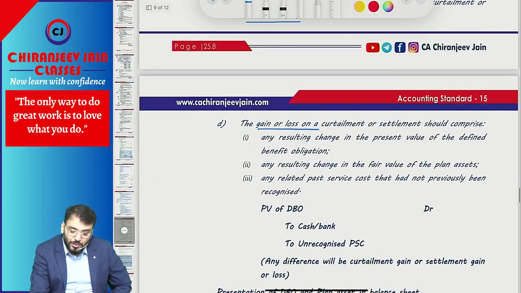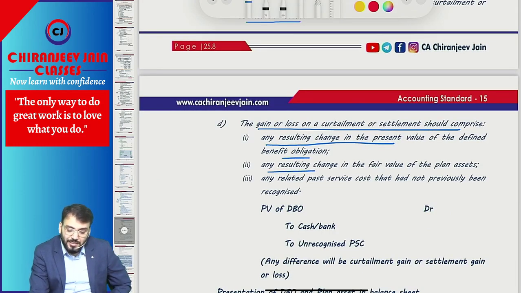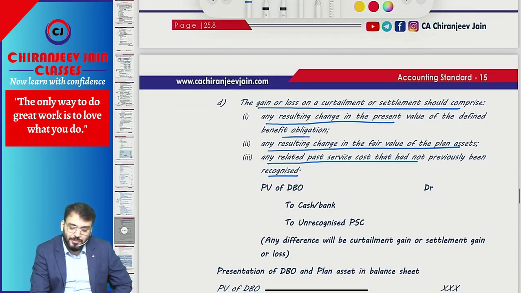The gain or loss on curtailment or settlement should comprise any resulting change in present value of DBO, any resulting change in fair value of plan asset, and any related past service cost that had not been previously recognized. Understood this point?